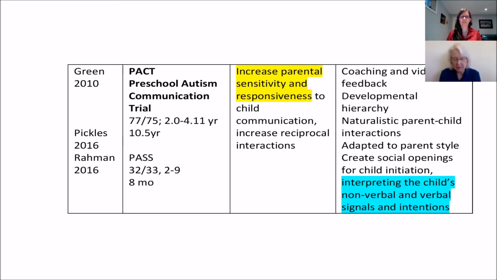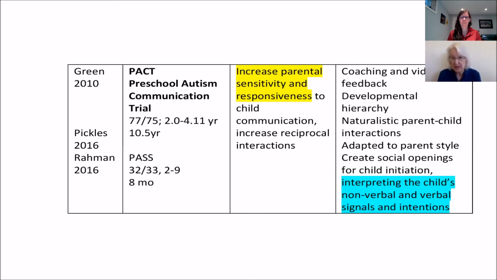I forgot to mention, the ones that are highlighted in gold were the randomized control trials. And this one was a randomized control trial, 77 children in the treatment group and 75 in the control group.